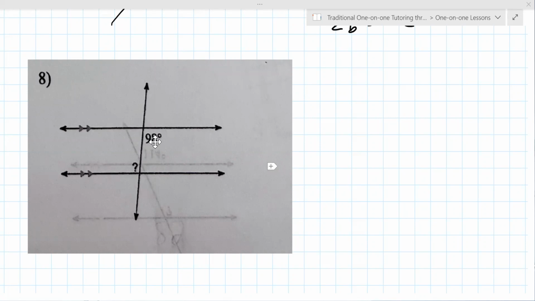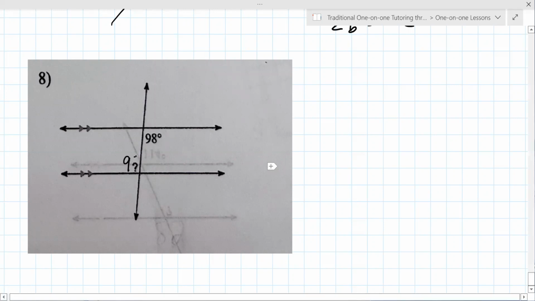So these are also alternate interior angles. The answer is that this is also 98 degrees. Usually they want a justification in these problems. I know on the worksheet it doesn't, but you may be asked for that on a test or a quiz.